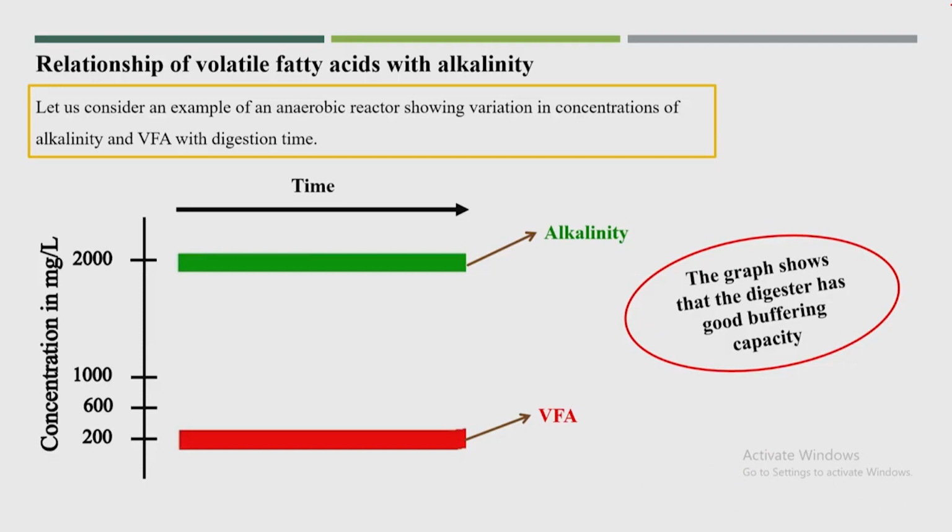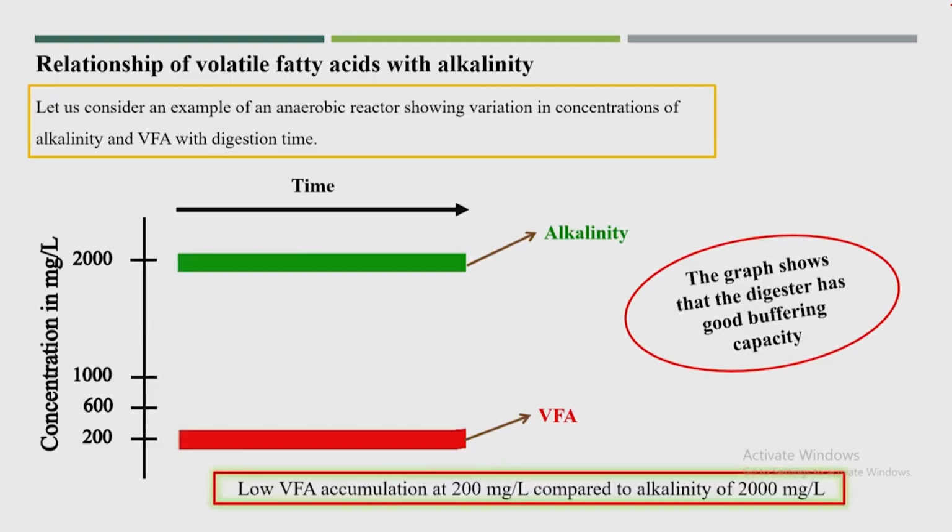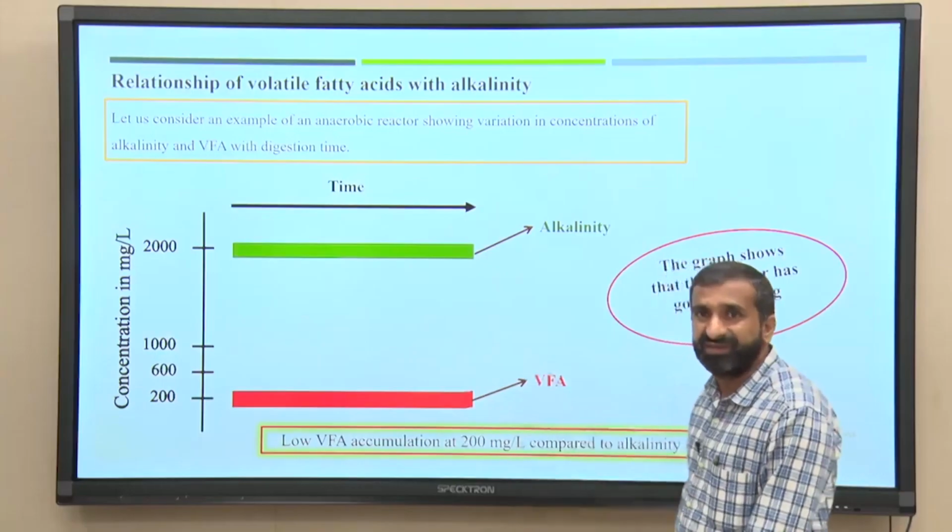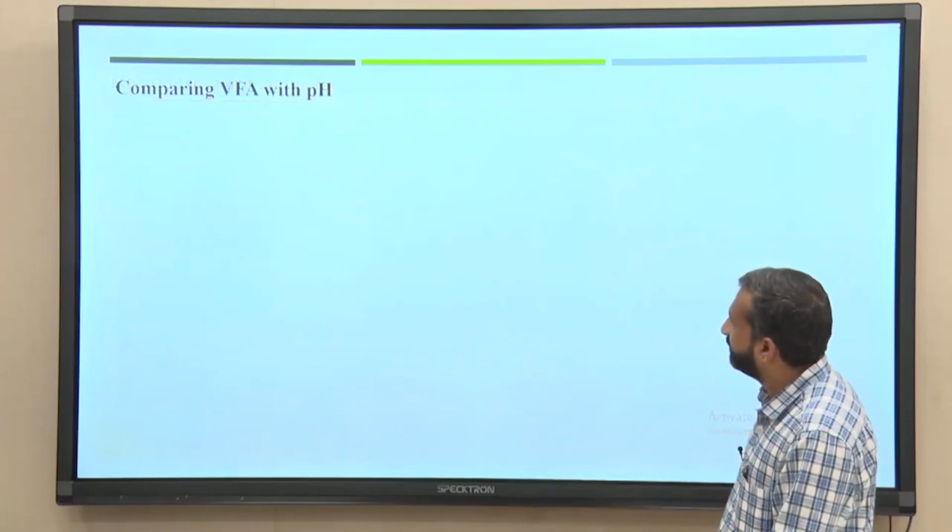This graph shows that the digester has good buffering capacity, because VFA production is less compared to alkalinity. So, there is low VFA accumulation at 200 milligram per liter compared to the alkalinity of 2000 milligram per liter. So, now we can understand the reactor has very good buffering capacity.